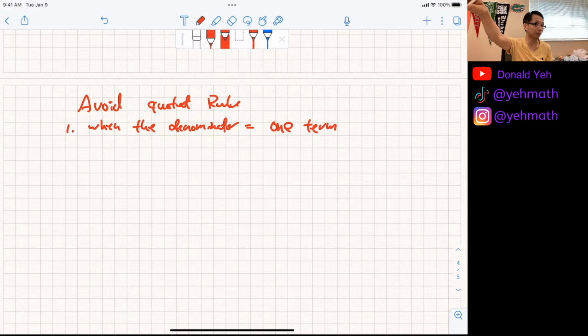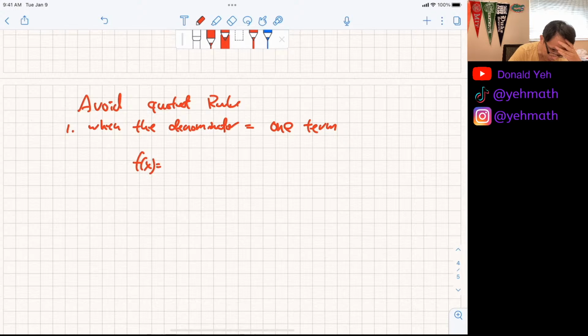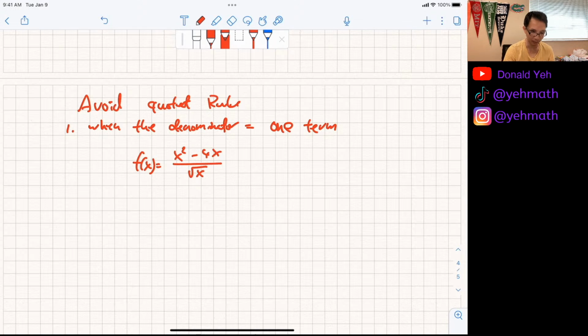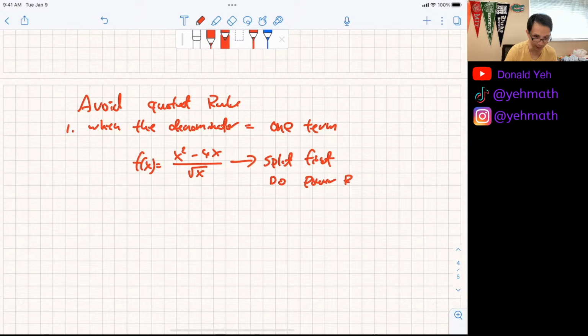So for example, if I have f of x equal to x squared minus 4x over square root x, I will split first and do power rule any day, any moment, any time. Because quotient rule is going to be a pain in the butt to do, and just not pretty.